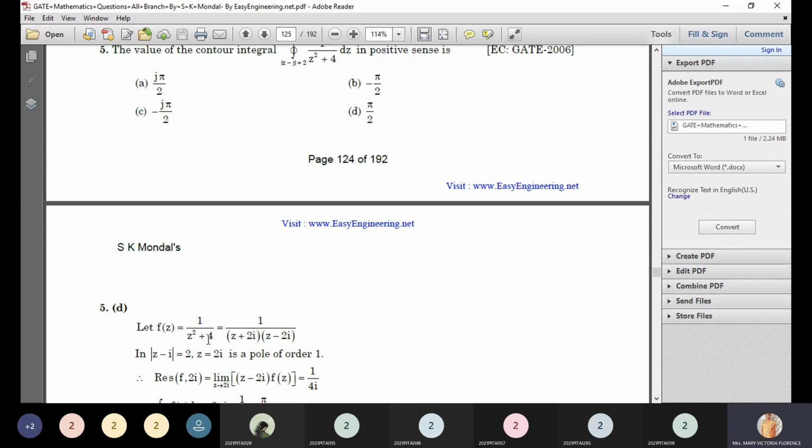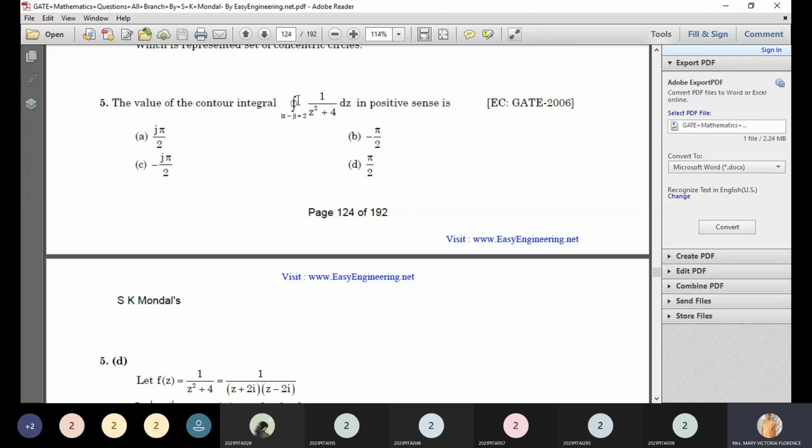The denominator z²+4 can be factorized as (z+2i)(z−2i), since a²+b² = (a+bi)(a−bi), and z² − (2i)² = z² + 4.